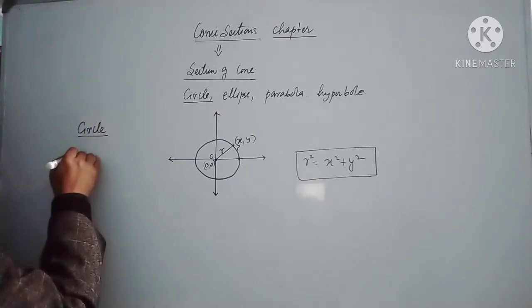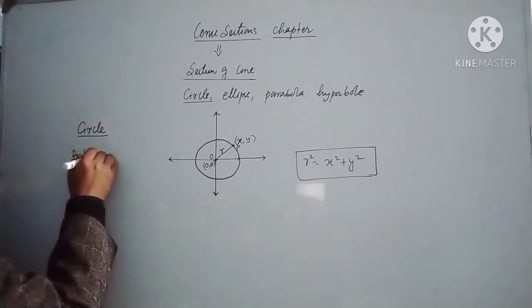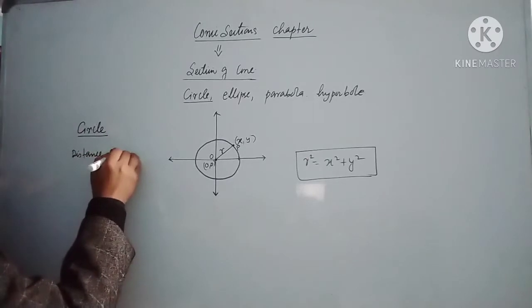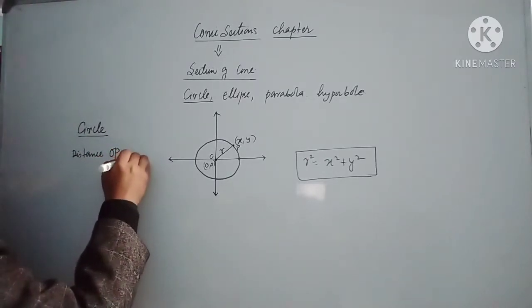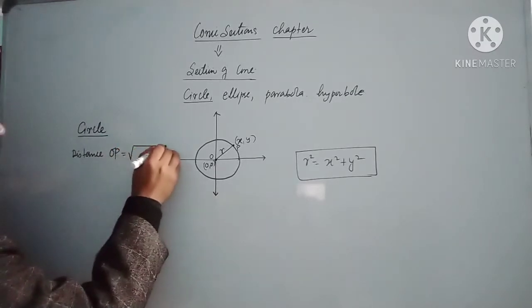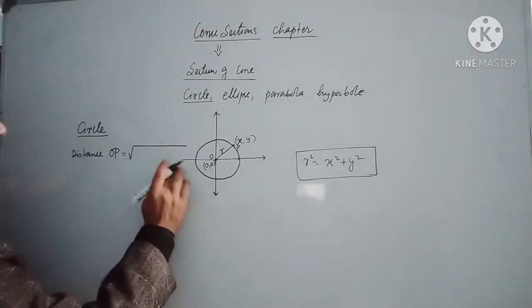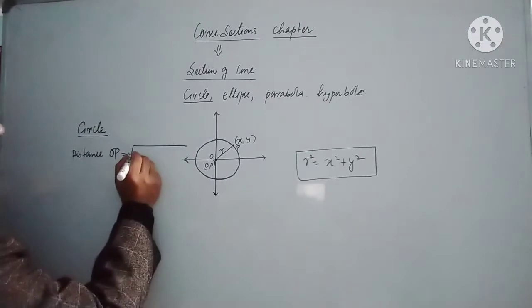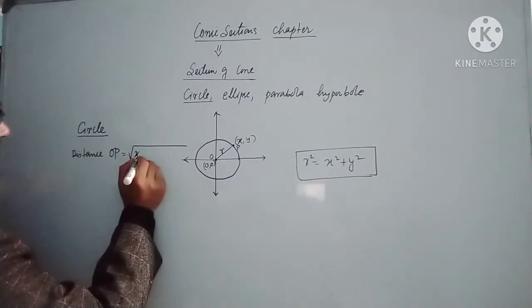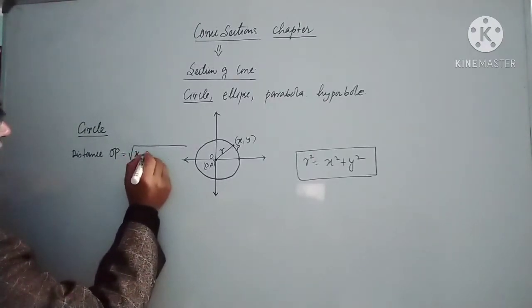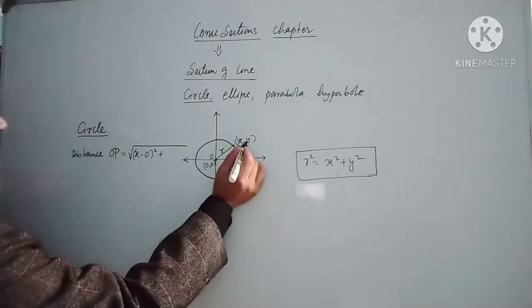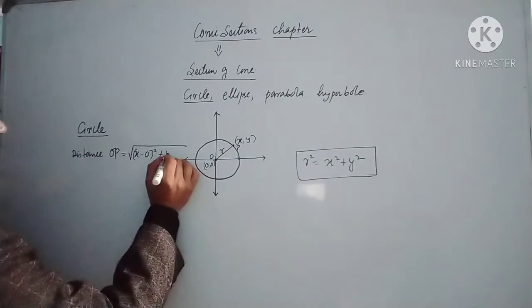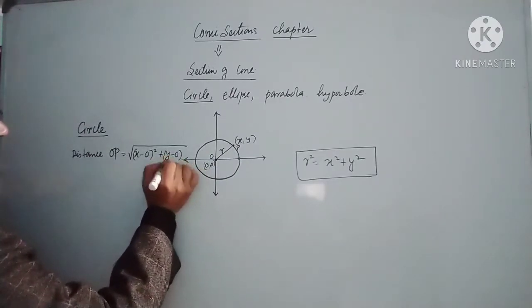Distance OP equals, now we have to apply the distance formula. x2 minus x1 means x minus 0 whole square, plus y2 minus y1 means y minus 0 whole square.